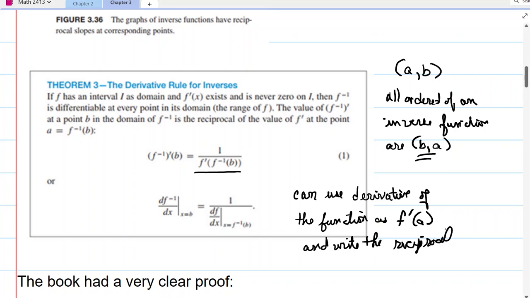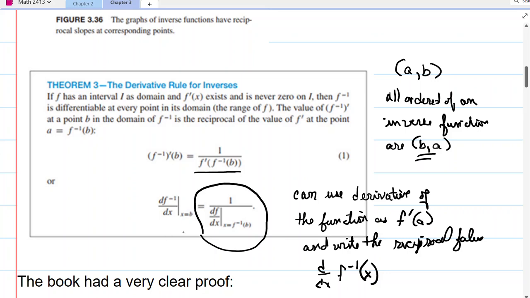Or d/dx of f inverse of x. And that's what's listed here, that we can do it in this fashion.